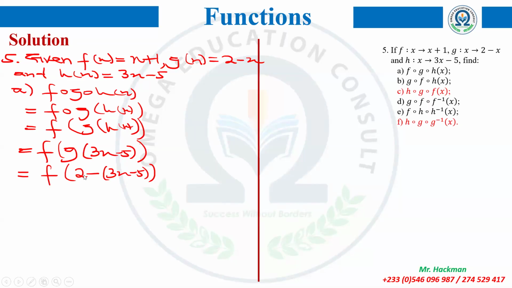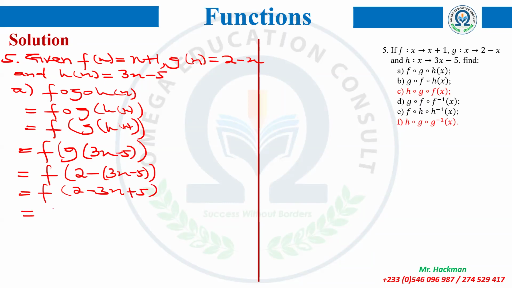Yes, please. Okay, so now you can see what you have in bracket here doesn't involve any function. We need to remove brackets and combine like terms, if possible. So keep your f, then we are going to expand this. That will give us 2 minus 3x plus 5. Am I right? Yes.